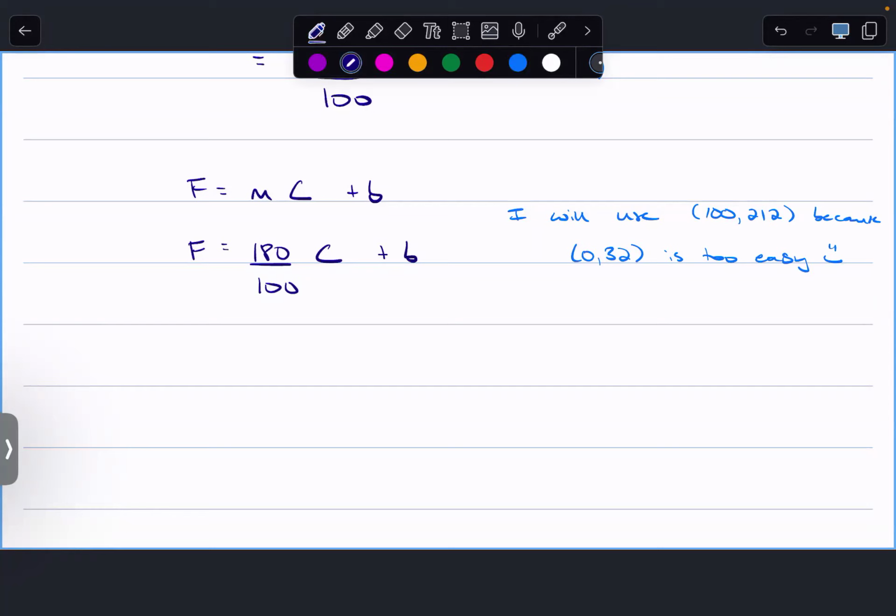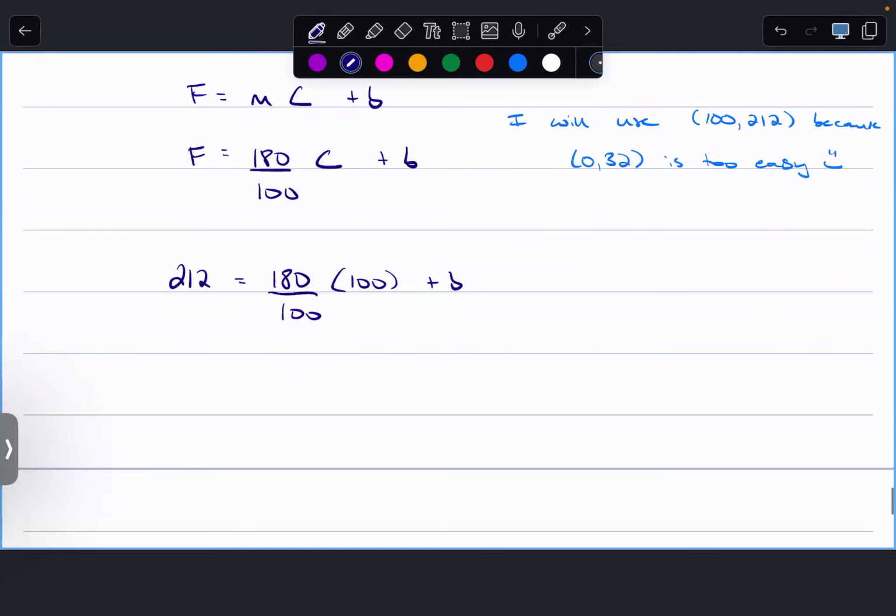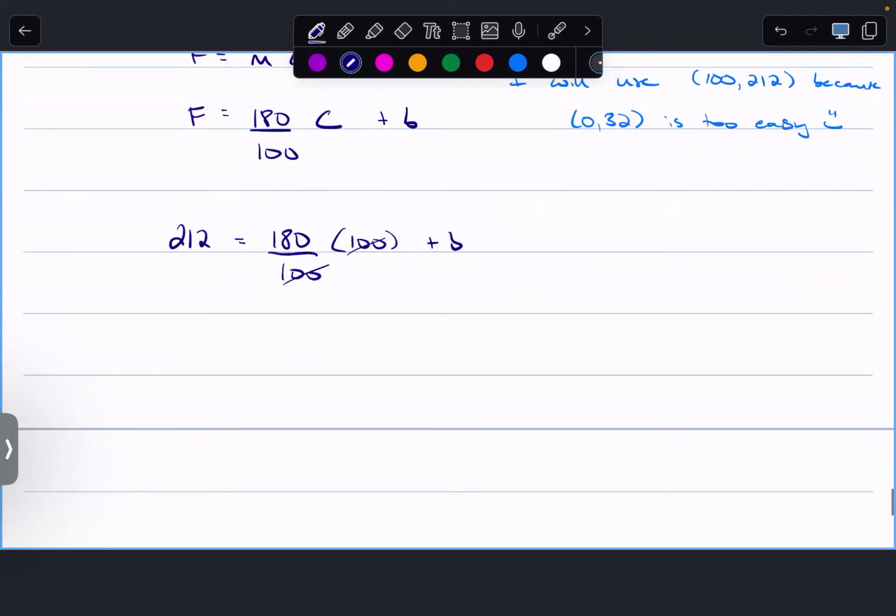It's the one I would choose if I was you on a test, of course. But in this case, the Fahrenheit is 212. 180 divided by 100 times 100. It's not too bad. 100 divided by 100 goes away. b becomes 212 minus 180.